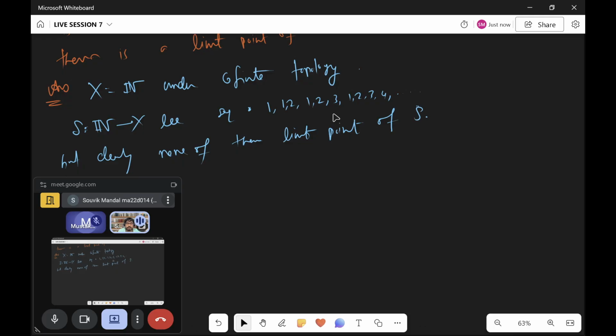So that is the argument. X equal to N with cofinite topology, S into X a sequence. So we are taking this sequence, and none of them will be a limit point of S. Okay. So it is clear. Take your time. Let me know whether you are able to figure this out or not.